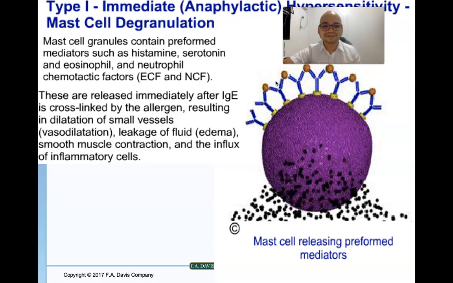Usually people would complain of a feeling of drowning. In the blood vessels there would also be edema, which in Tagalog we call namamanas. There is also smooth muscle contraction, and then influx of inflammatory cells.